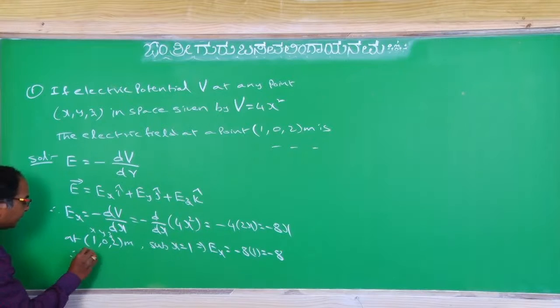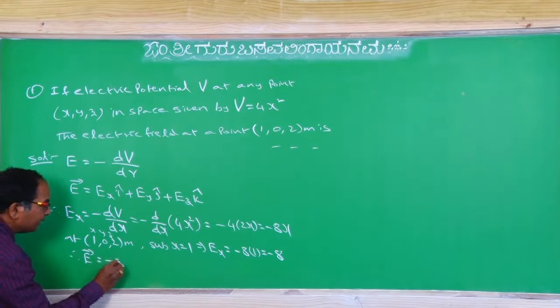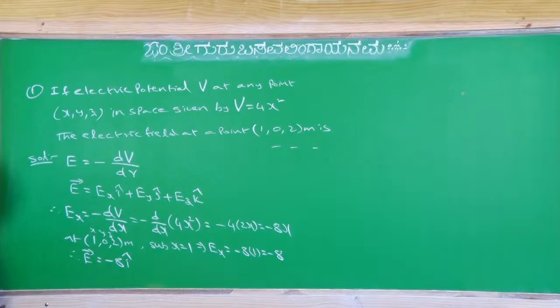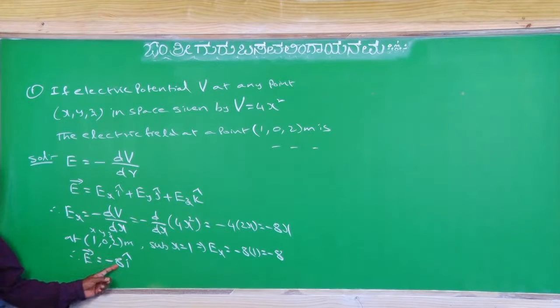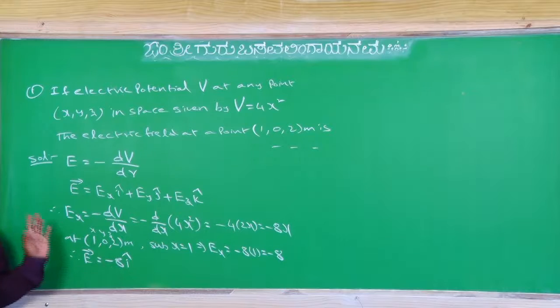Therefore E bar is equal to minus 8 i cap. In other words, we may write the electric field is 8 volt per meter along the negative x axis.